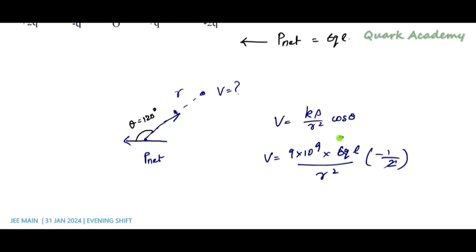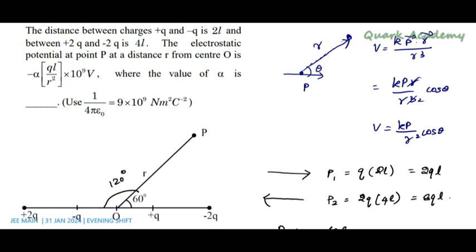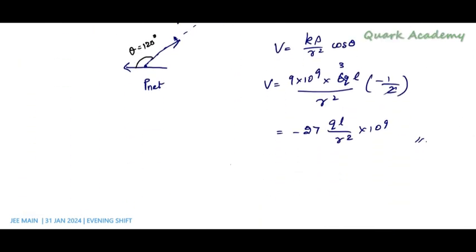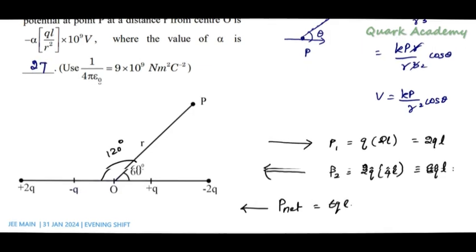So this will become 3, so negative 27 QL by R squared into 10 power 9. This is what we are getting as the potential. Let's compare with the question. It is written negative alpha QL by R squared into 10 power 9. If we compare, alpha is going to be 27.